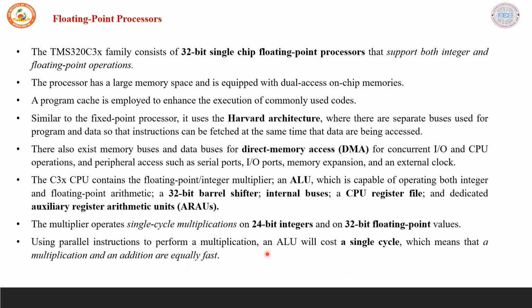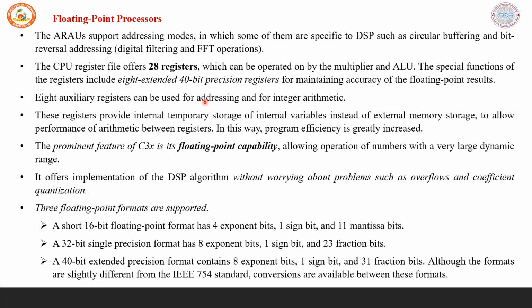The all-important instruction of multiplication can be done quickly under this architecture. The ARAUs support addressing modes in which some of them are specific to DSP. For example, the circular buffering and the bit reversed addressing mode, which is used in digital filtering and FFT operations.